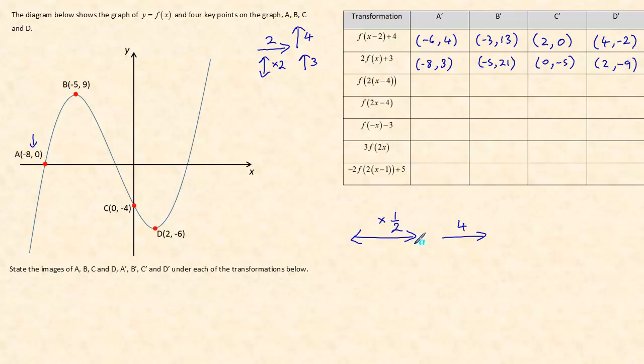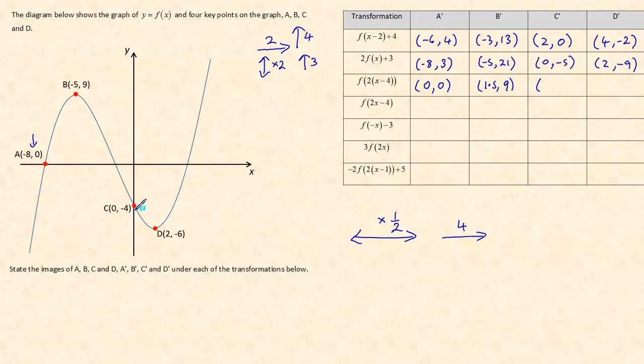So if we think about this one, that goes to negative 4 when we halve it, and then go 4 across to 0. Y-coordinate not affected. For this one, it's going to go to negative 2.5, and then 4 across is 1.5.